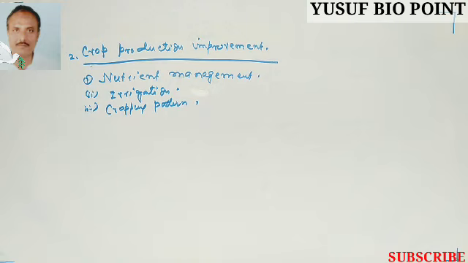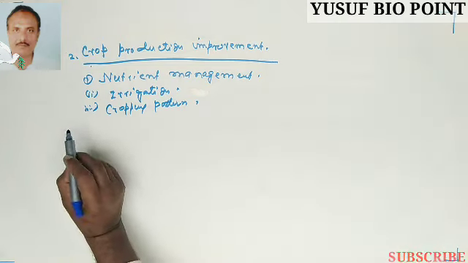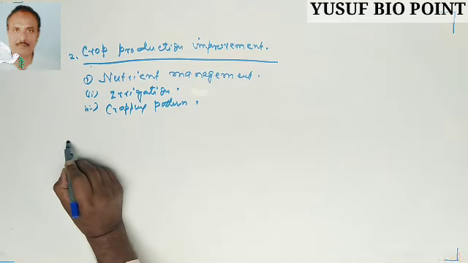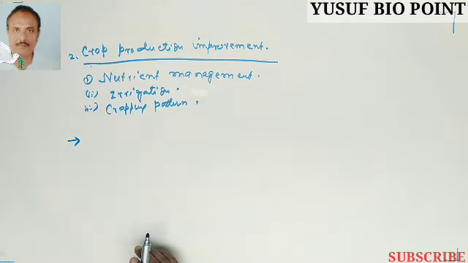So how we can improve the production? For that we have to see the following points, and actually in India these are used by the peasants. First one is the nutrient management.